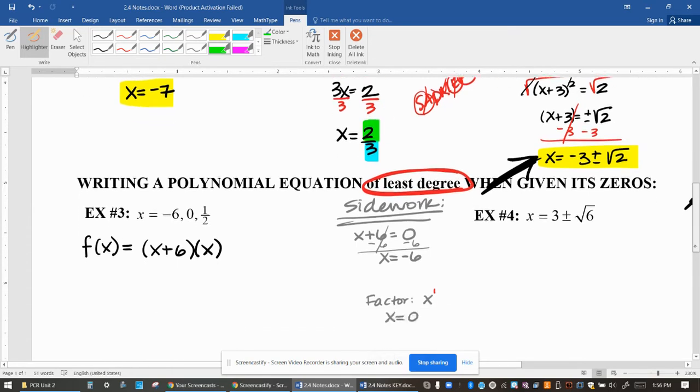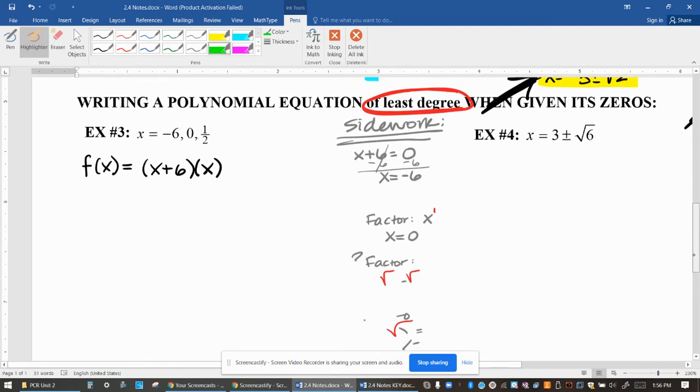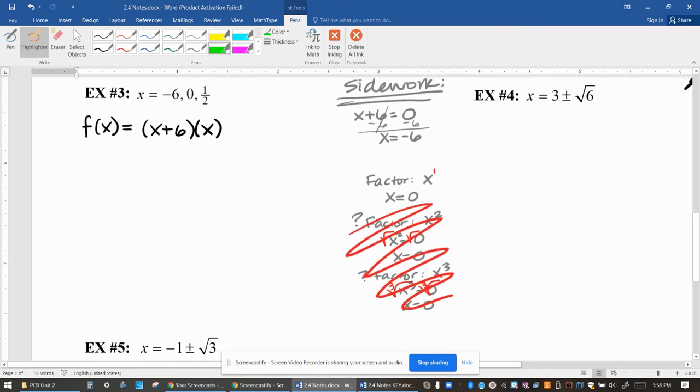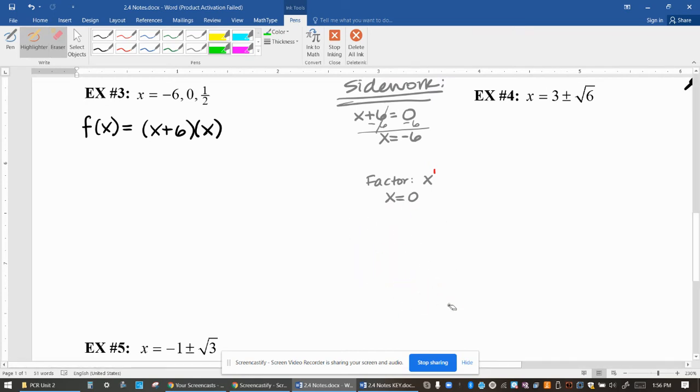So essentially what you're trying to do is figure out what the original factor looked like before they set it equal and solved and got 1/2. Well, remember, the denominator came from being the coefficient, and then the numerator is just the opposite of what it appeared like before it was solved for x.